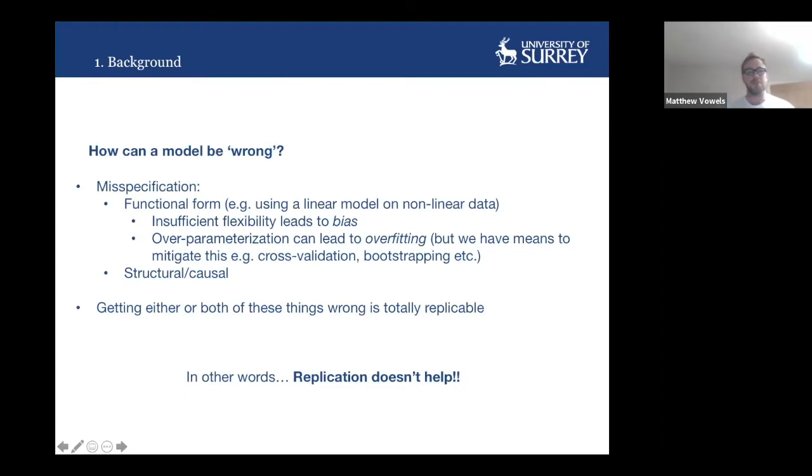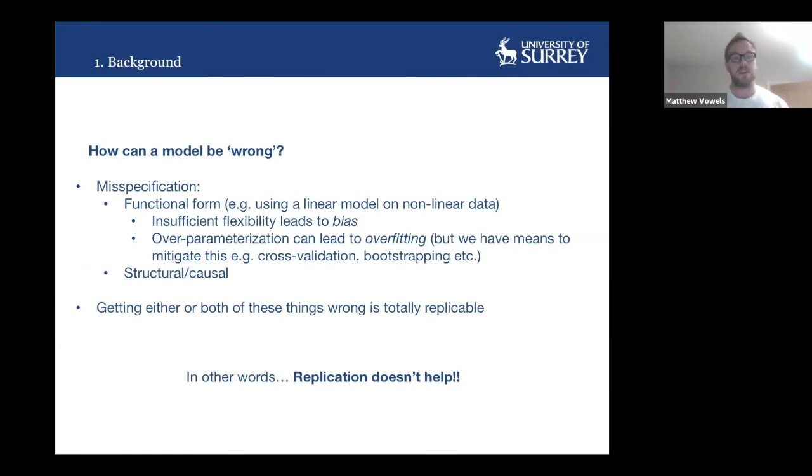So how can a model be wrong? There are two types of wrongness that I want to focus on. Firstly, in terms of its functional form. An example of this would be using a linear model on nonlinear data, and this tends to lead to some form of bias. The alternative is that you have a very, very flexible model, which is very rarely the case in social science and psychology because of the preference for linearity and low complexity models.